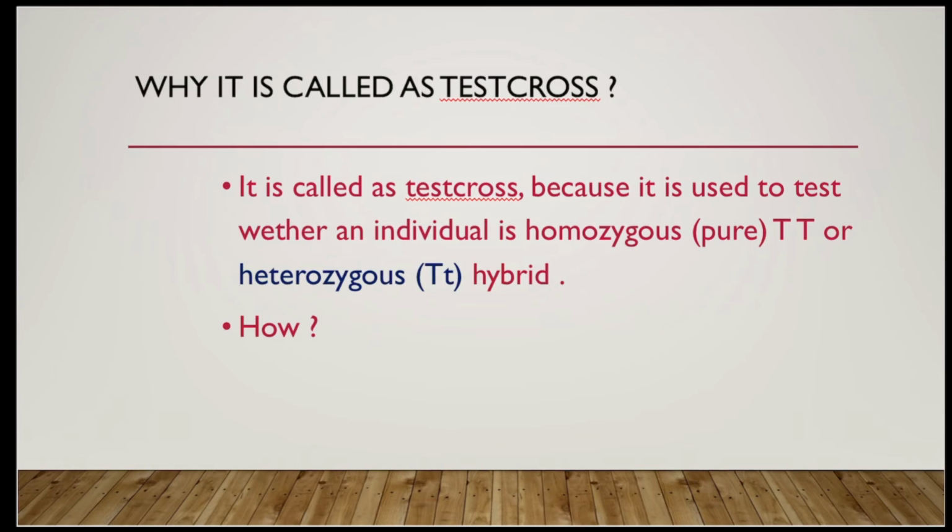We will find by using a test cross whether the plant is homozygous or heterozygous. Heterozygous means we have one capital allele and one small allele, one dominant allele and one recessive allele. How can we find by using a test cross whether any individual is homozygous or heterozygous? Let's see.